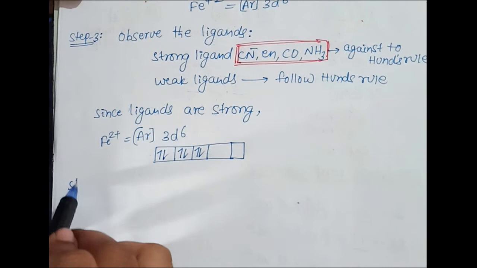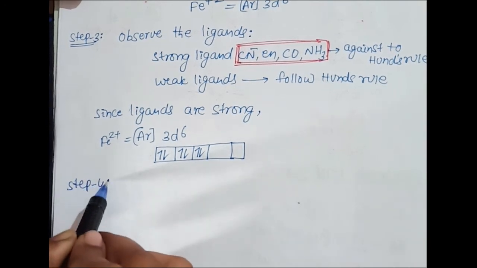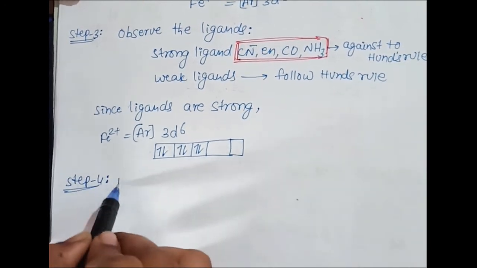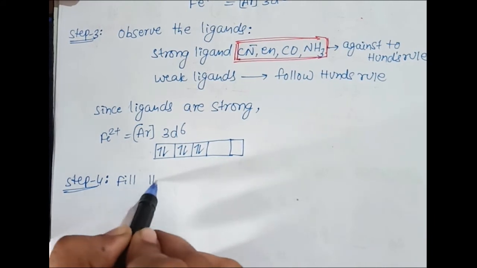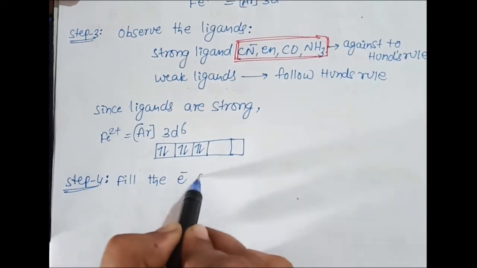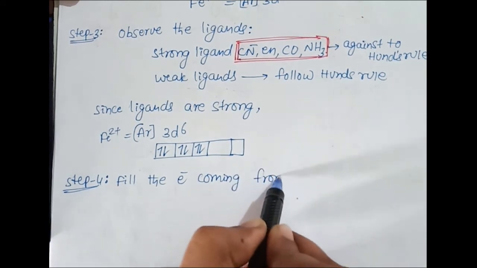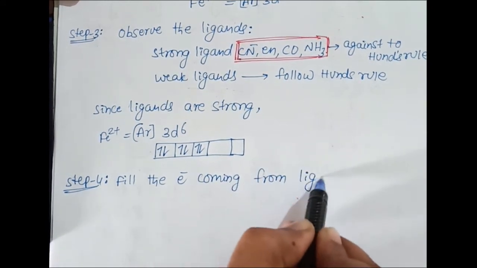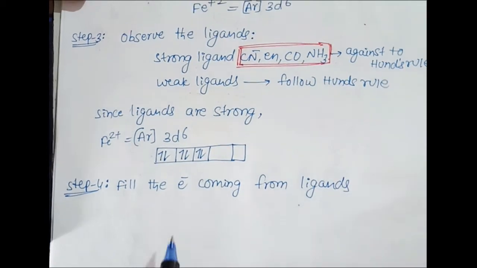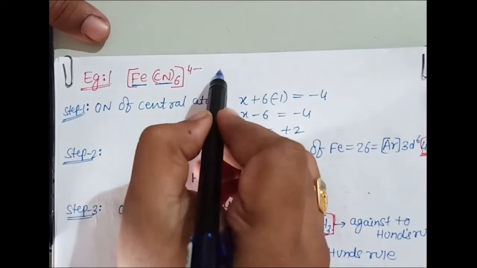Now step number 4. Fill the electrons coming from ligands. So here the ligand is CN.